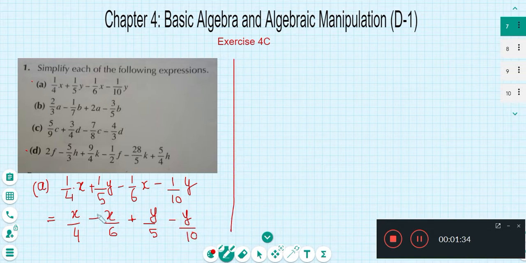Now we have two x terms and two y terms. In x terms, the first term has positive sign, whereas the second term x by 6 has negative sign. So when the signs are opposite, we do subtraction. But these are fractions. So how to add or subtract the fractions?